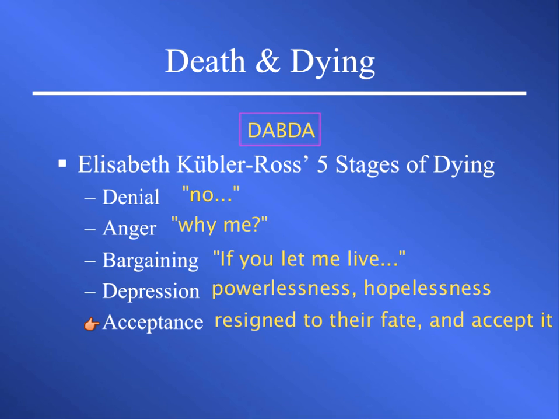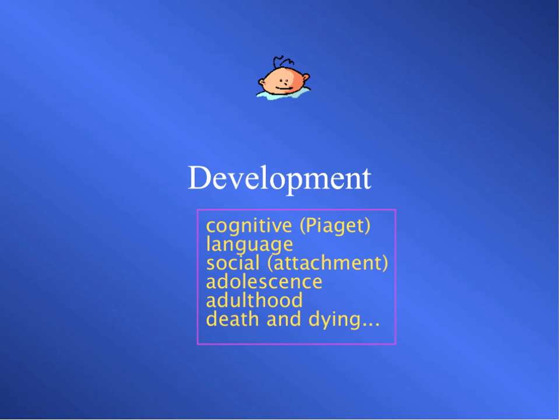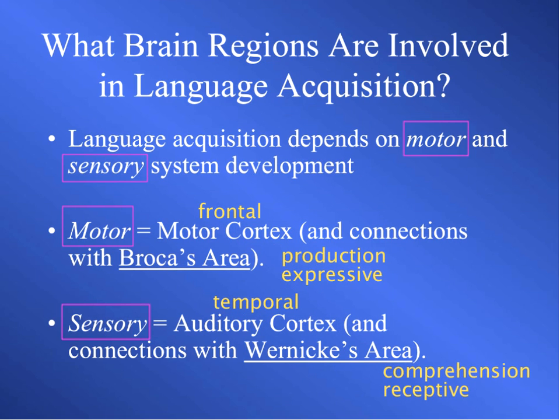All right. Final questions on anything from this whole section on development. So cognitive development all the way through death and dying. Fluent aphasia would be a situation where, let me pull up the slide.